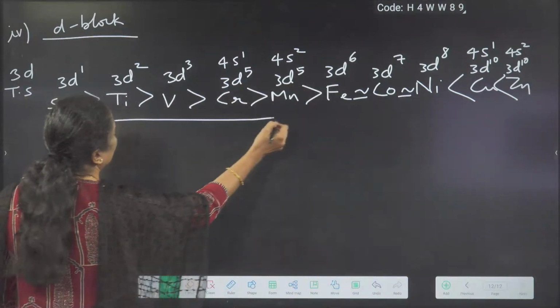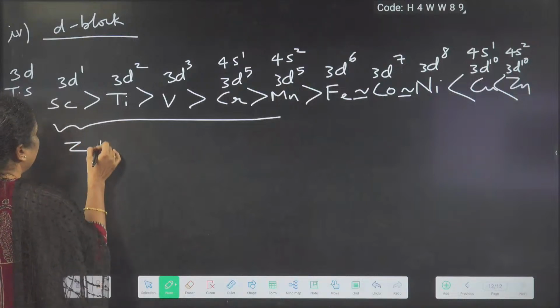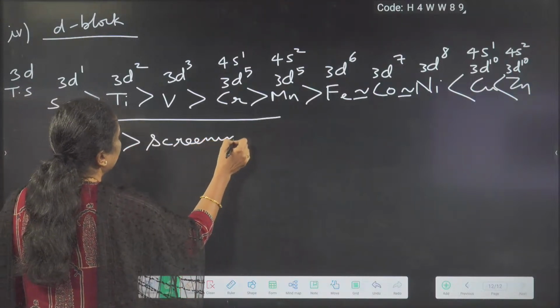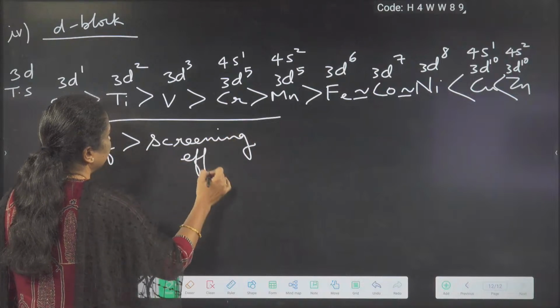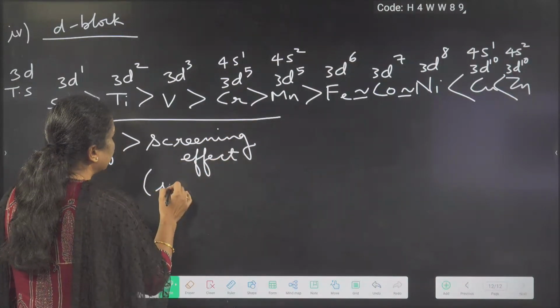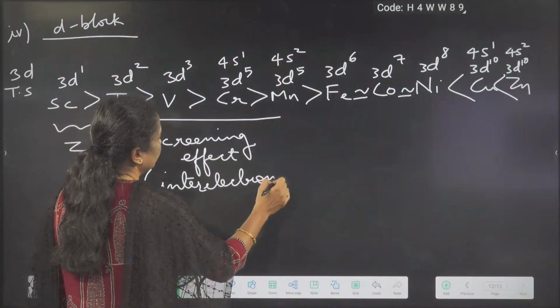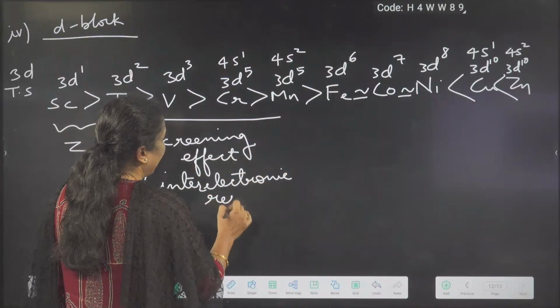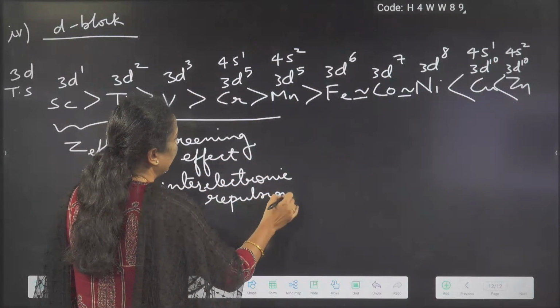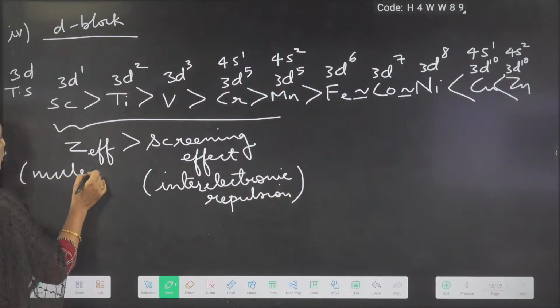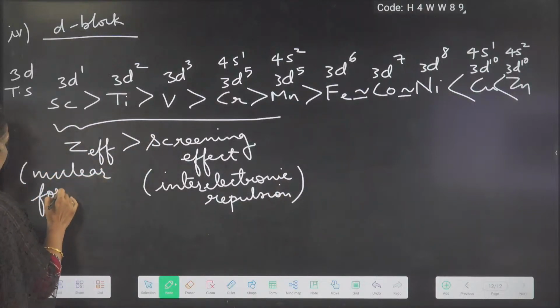Up to this point, you are able to see a decrease. That means Z effective is dominating over the screening effect. When I say screening effect, simply take it as inter-electronic repulsion. And when I say Z effective, simply take it as nuclear force of attraction. That is the way you have to treat it.